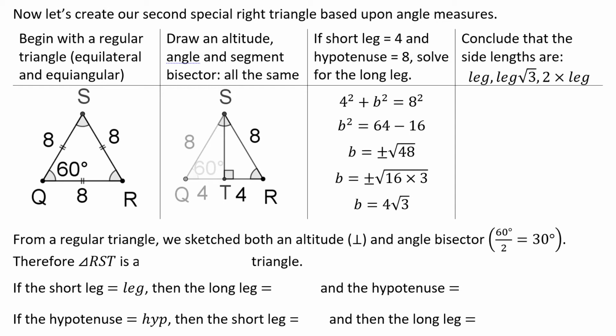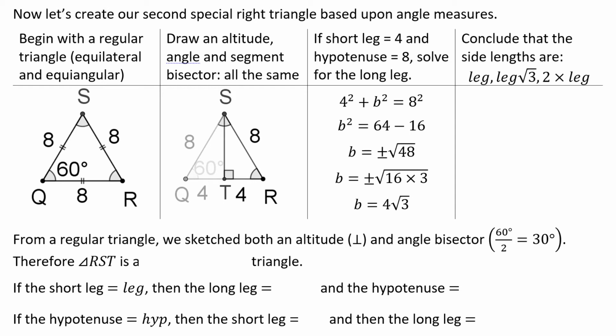So 16 plus b squared equals 64. Bring the 16 over to the right. Take the square root of both sides. We get plus or minus the square root of 48. 48 happens to have a perfect square, 16 times 3. Again, we're talking about a side length, so we disregard the negative value. And that side length is 4 radical 3.